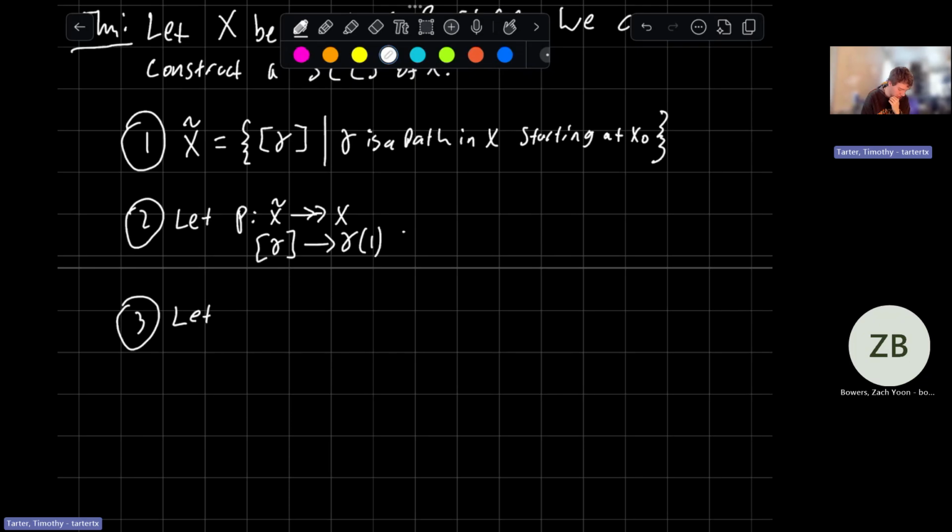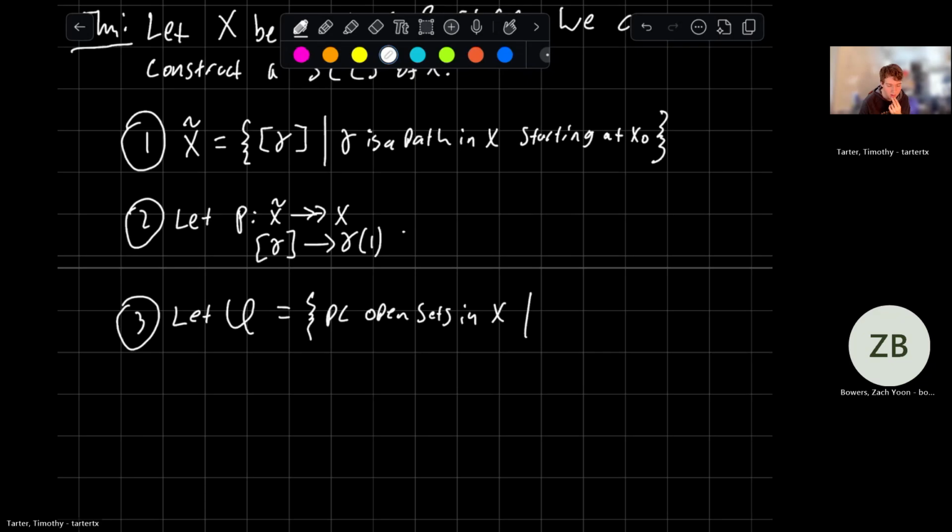So let script U be the collection of path connected open sets in X such that pi1 of U to pi1 of X is trivial.